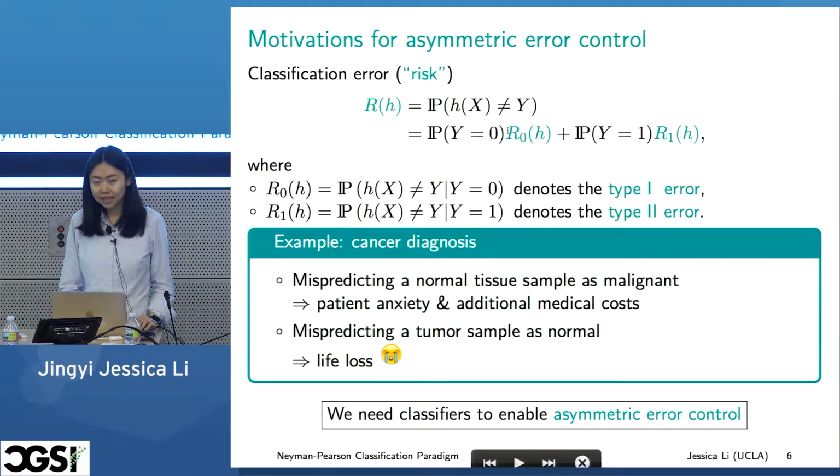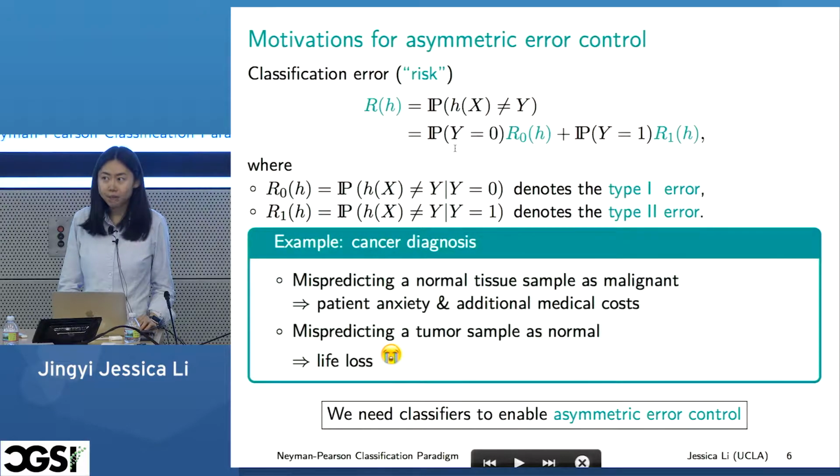Here, R0 is the conditional probability that the label is 0, but you predict 1. And R1 is the other way around: the actual label is 1, but you predict 0. We call these type 1 and type 2 errors. So you see that the risk is a weighted sum of the type 1 and type 2 errors, and the two weights are determined by the two class probabilities.